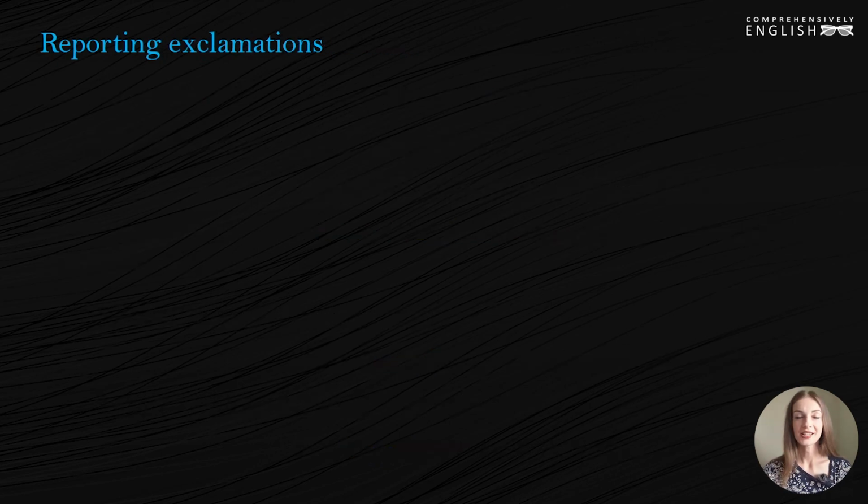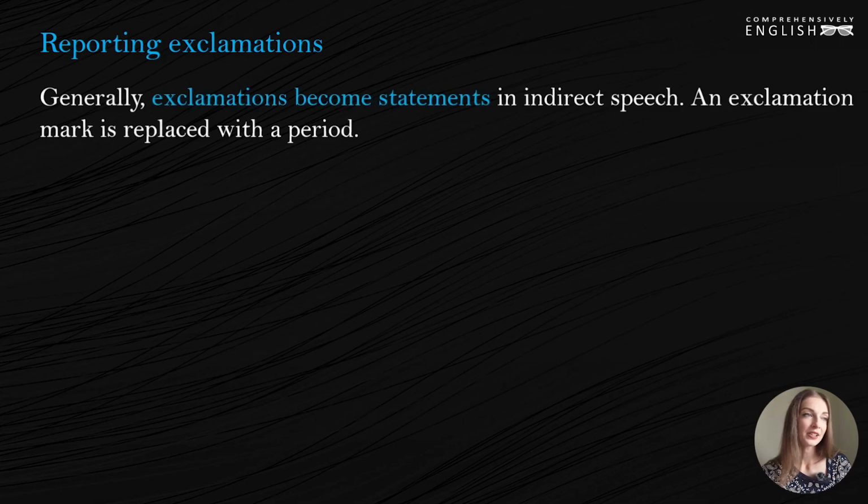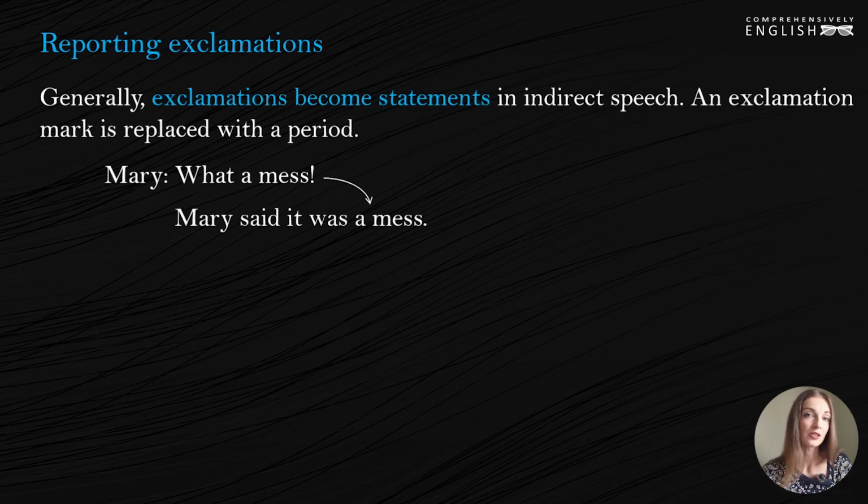Another type of sentence that we might want to report is exclamations. Generally, exclamations can become statements in indirect speech. An exclamation mark is replaced with a period. Mary: "What a mess!" Mary said it was a mess. Of course, in reported speech, your emotional statement becomes less emotional. It becomes just a statement, right?